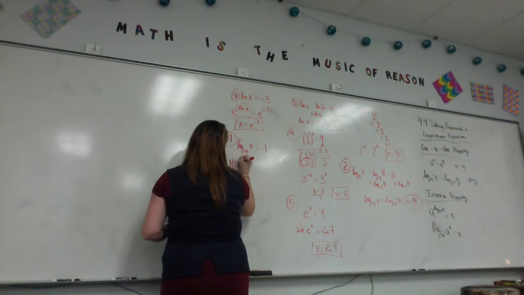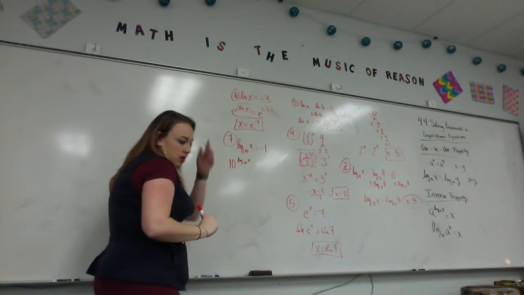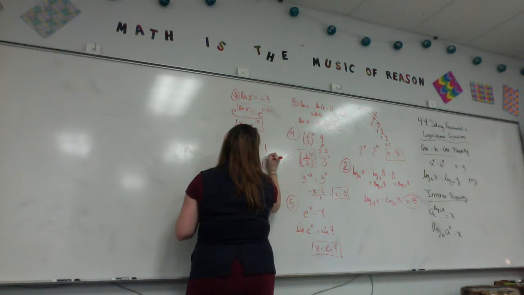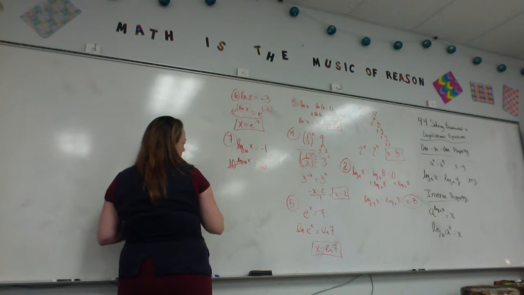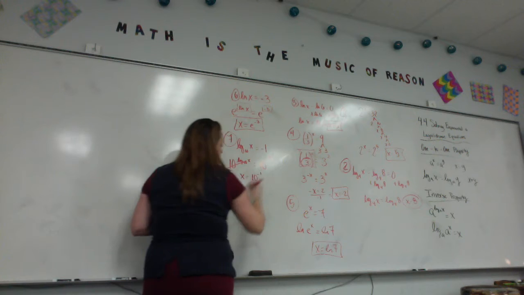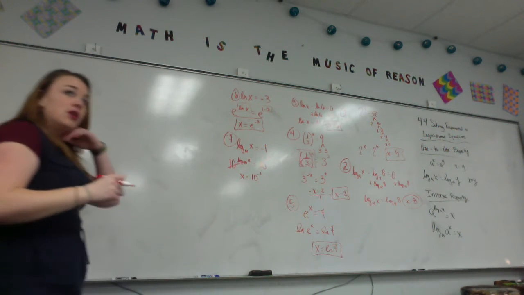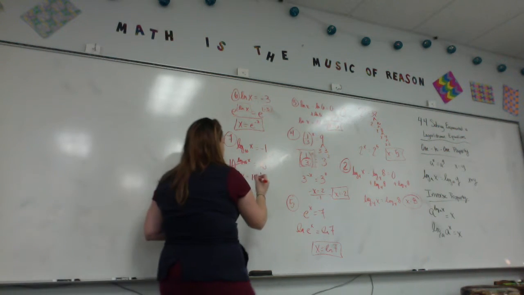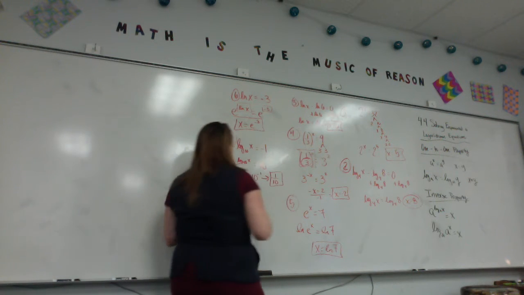I get 10 to the log base 10 of x equals 10 to the negative 1. This cancels on this side, giving me x equals 10 to the negative 1, which turns into 1 over 10, so that I don't have a negative exponent.